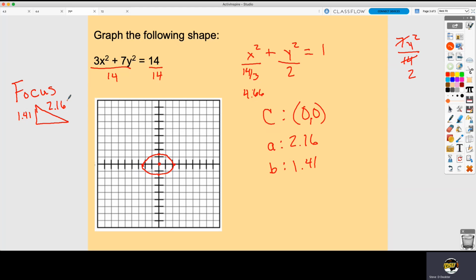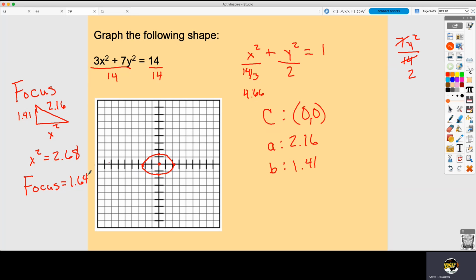So then you just do the Pythagorean theorem to figure out that x squared would equal 2.68. And then you take the square root of that, and we find that our focus values are equal to 1.64.